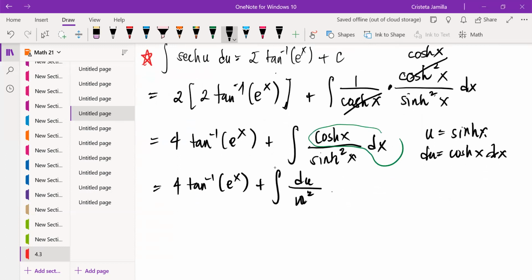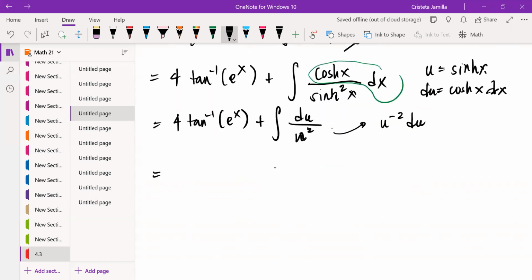But this is u raised to negative 2 du. So the integral of that one is u raised to negative 2 plus 1 all over negative 2 plus 1. So this is negative 1, and then plus c.